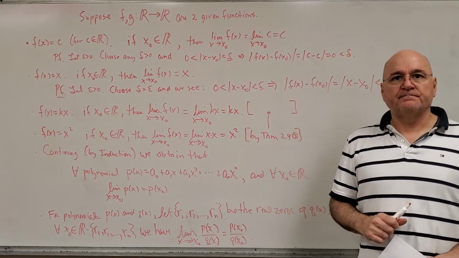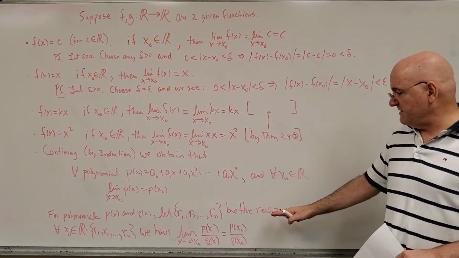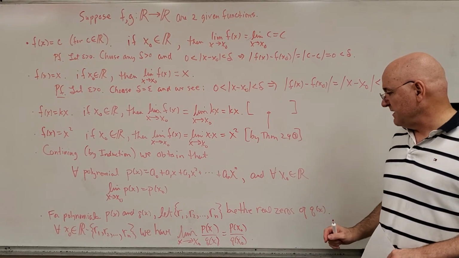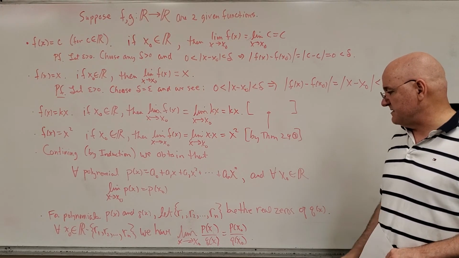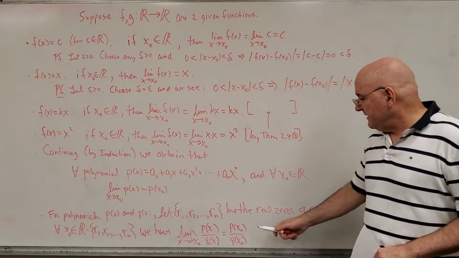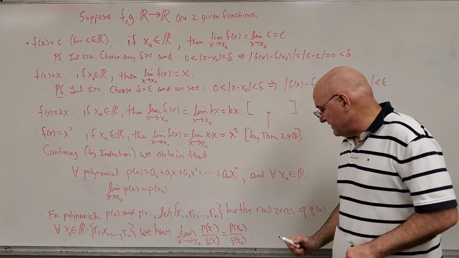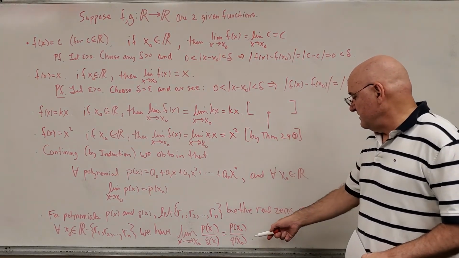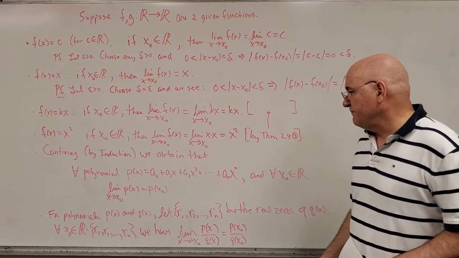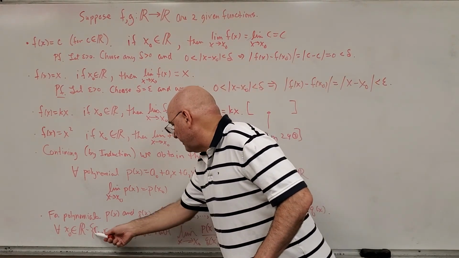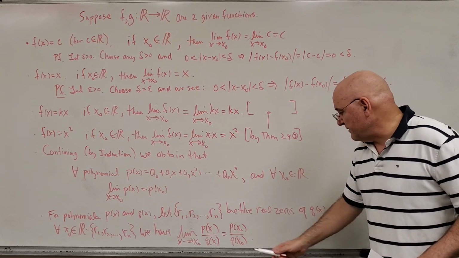It's possible. And we'll discuss that later. For the time being, we're going to ignore those and just say the limit of p of x over q of x as x goes to x naught is p of x naught over q of x naught, provided that we're only plugging in for x naught any real number except for the zeros of the polynomial q.